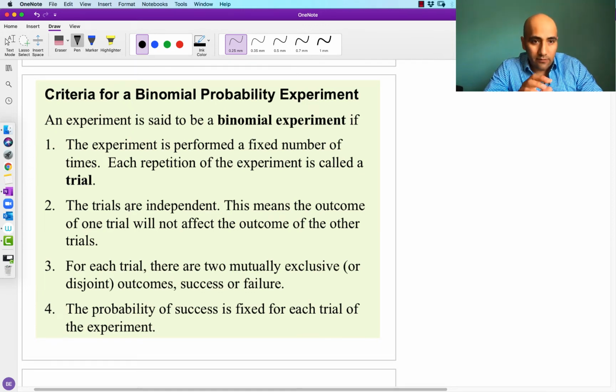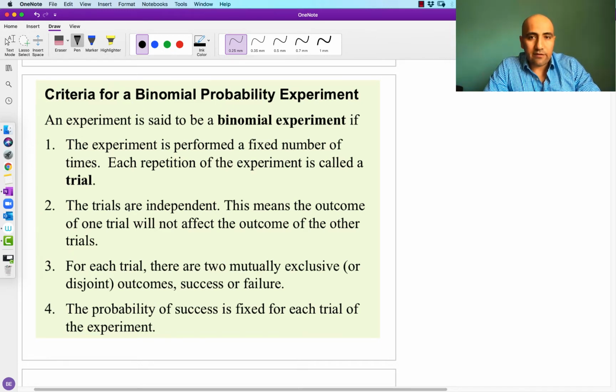Okay, but for binomial, it has to be a case where the trials are all independent. The third time you repeat this, the probabilities don't care what happened in the prior trials. Okay, for each trial, there are 2 mutually exclusive or disjoint outcomes, which we often refer to as success or failure, right?